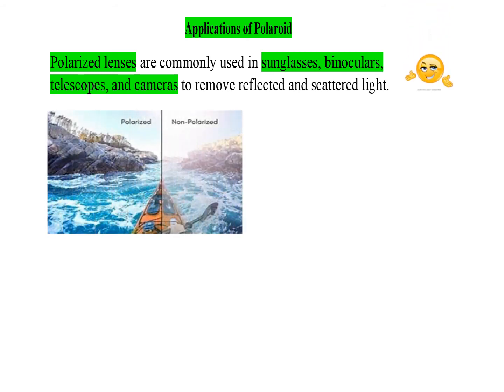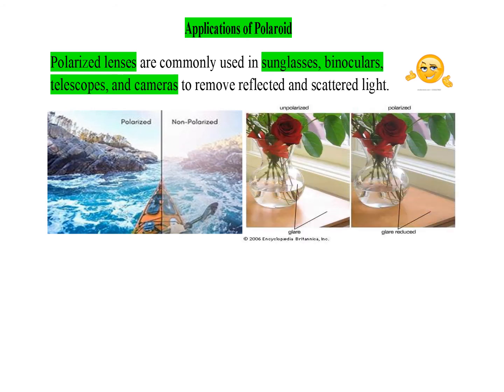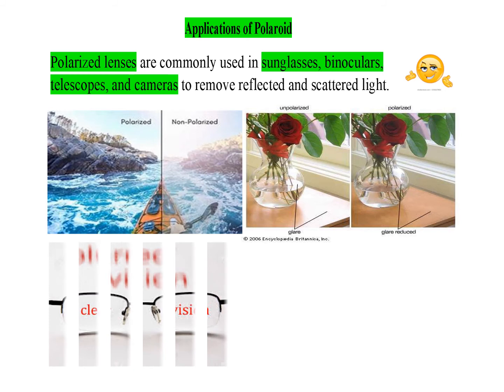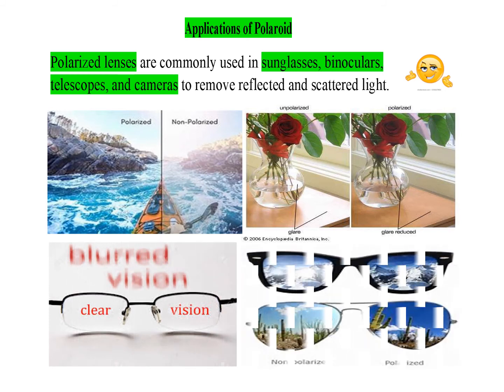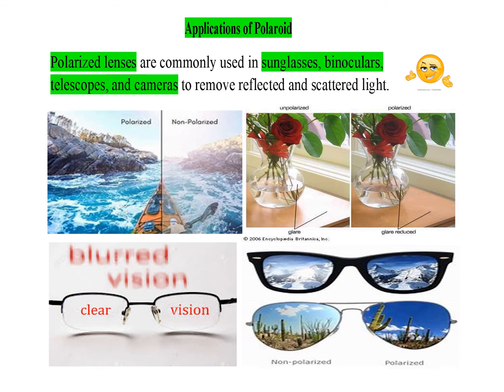So these are a few examples of polarized and non-polarized vision. As you can observe, it is a very important application because many people with eyesight problems definitely need to wear glasses to have a very clear vision. So very important application.